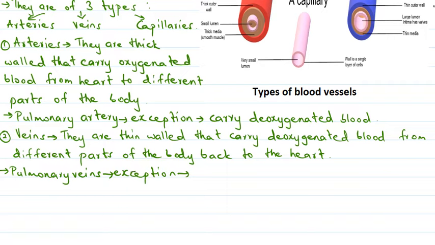Because pulmonary veins carry oxygenated blood. Okay, so where all the veins are carrying deoxygenated blood, that is carbon dioxide rich blood, from different parts of the body back to the heart, the pulmonary veins are carrying oxygenated blood. Hence, pulmonary veins are an exception in case of veins.